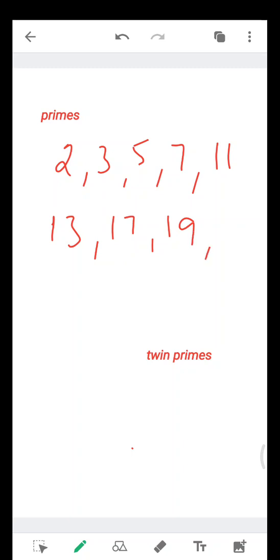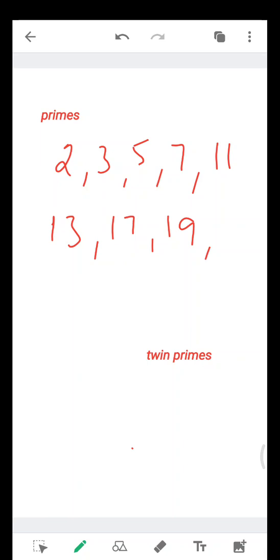There are 25 prime numbers from 1 to 100. So these are the prime numbers. You can observe that when you find the factors of these numbers, they have only 1 and itself as factors. I discussed this in the previous exercise also.